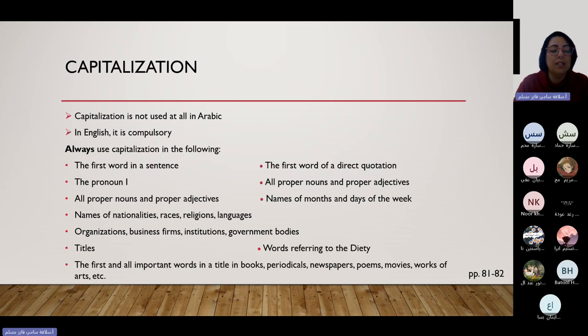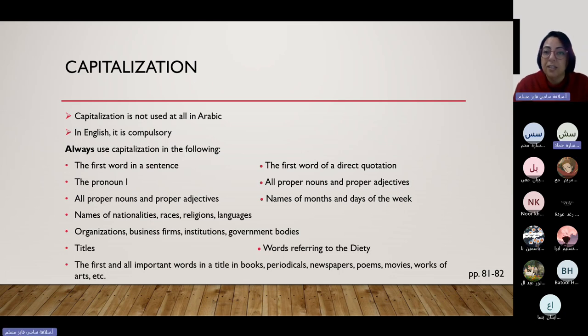Capitalization, you guys, it's an easy one. We all know when to capitalize things, right? When do we use capitalization? Tell me. In the beginning of the sentence, yes, the first word. The first paragraph. Where else? The title. Yes, proper nouns.